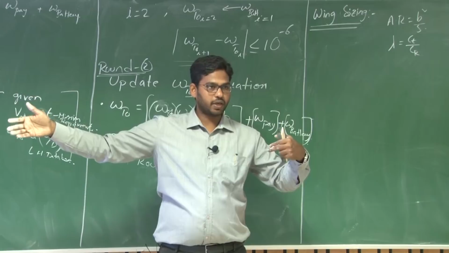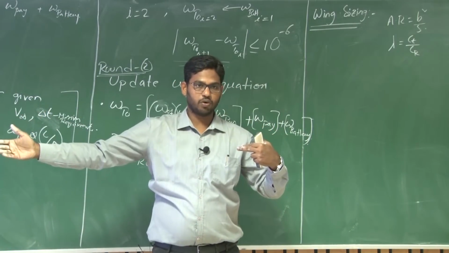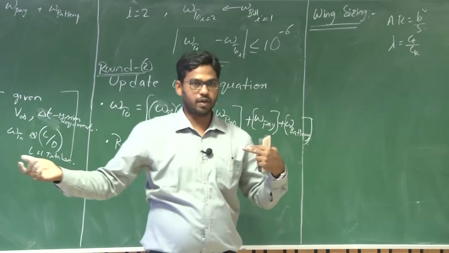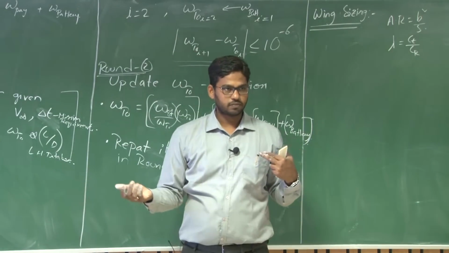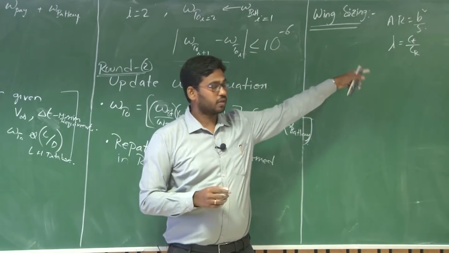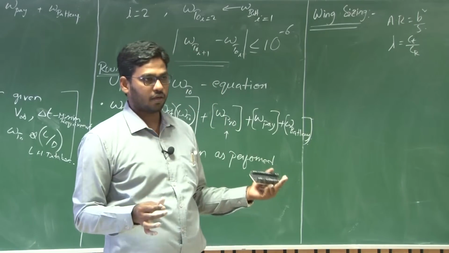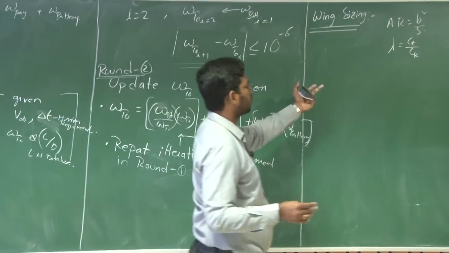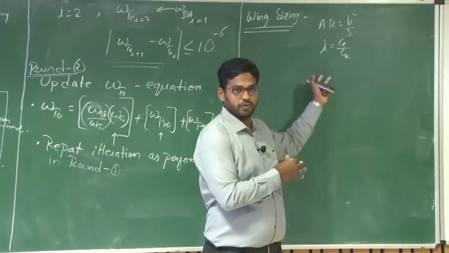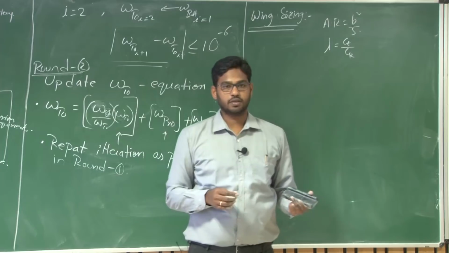Let us say if you use a rectangular wing, the bending moment produced because of the lift at the tip is more compared to when you use a tapered wing. Understand? So that optimization can also be carried out by varying this lambda. By varying the taper, you will modify the lift distribution along the span, and at the same time it also helps you with the structural design, right?